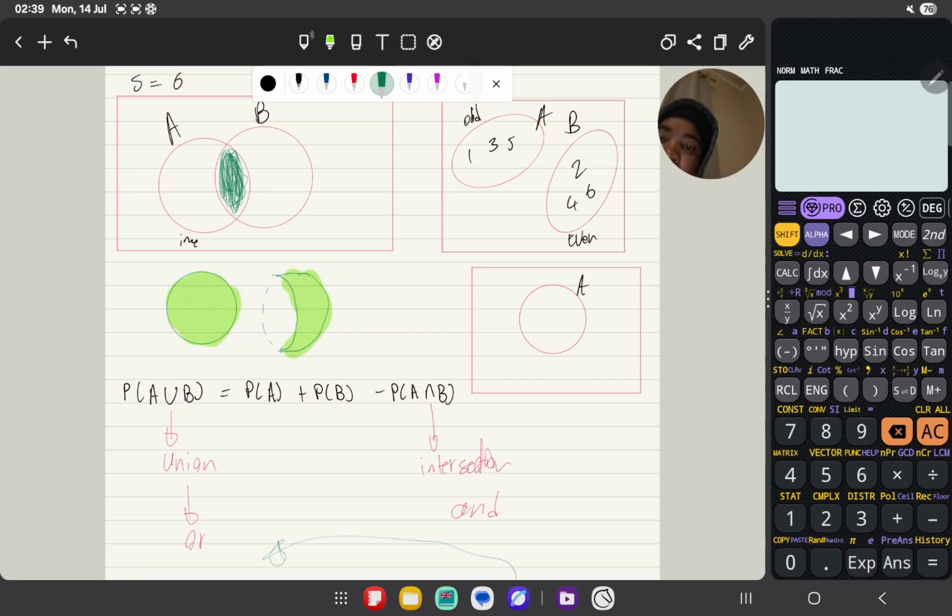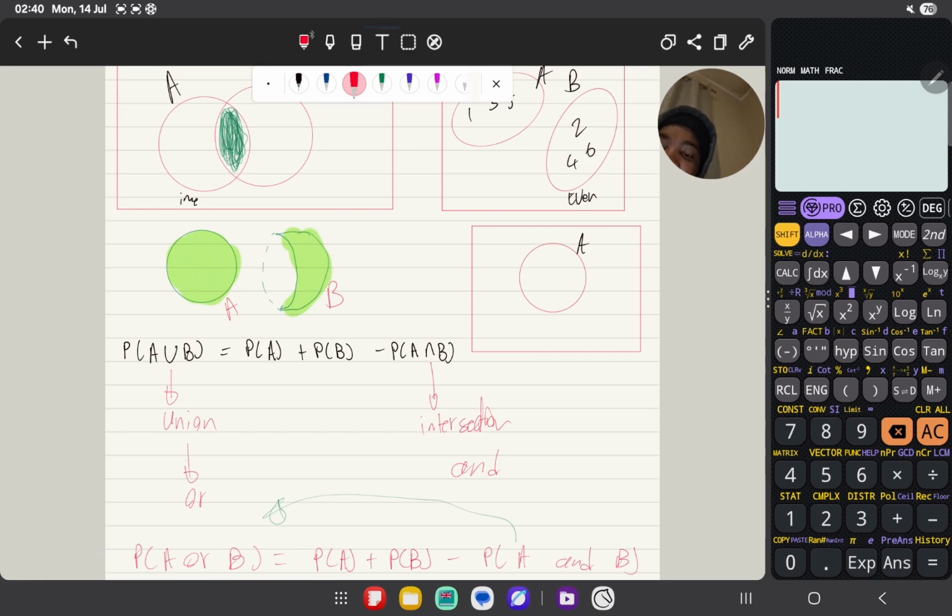This portion of the circle is not going to be included. So in a sense, let me go for red. We have A here and we have B here. The probability of A or B is the probability of A and the probability of this portion of B. The reason we have to subtract is that we are subtracting the intersection, this portion.